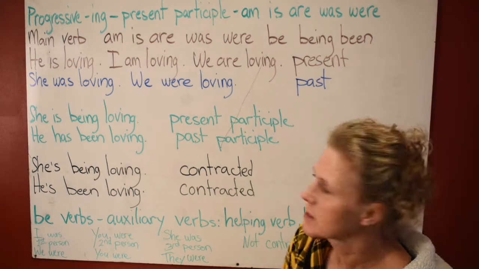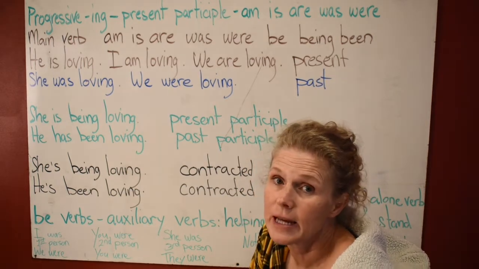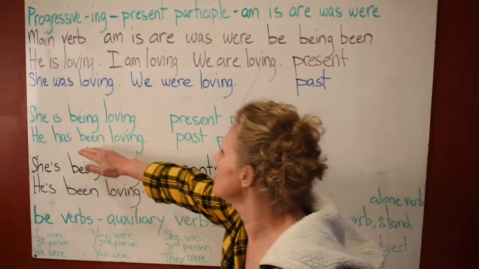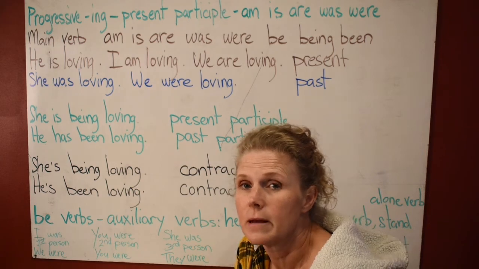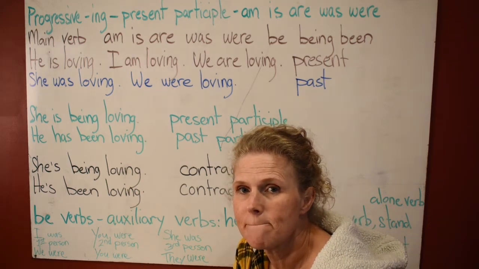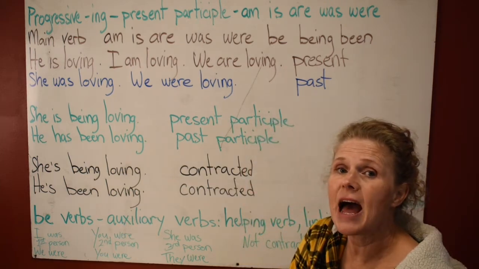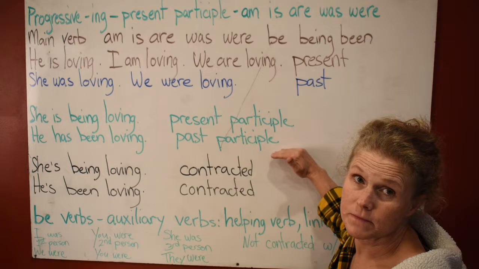Yeah, it's a little bit confusing because you're using a present and then you're using a past. Exactly, that's why it's confusing. And then it makes it past. So, even if you have been loving, is that even allowed? Yeah, because have is sitting you in the past participle.